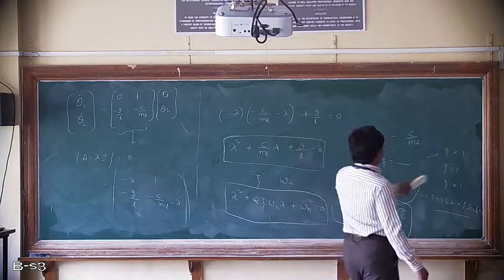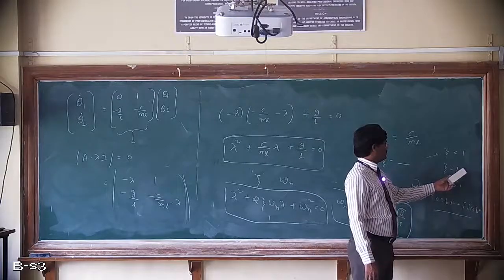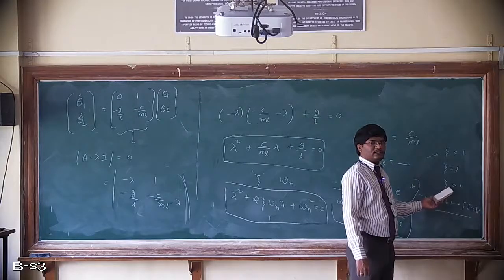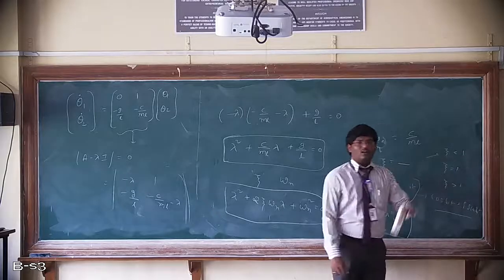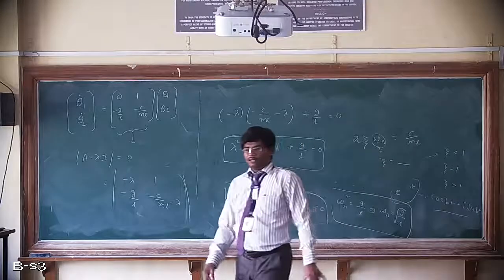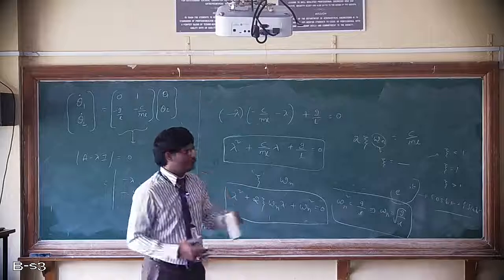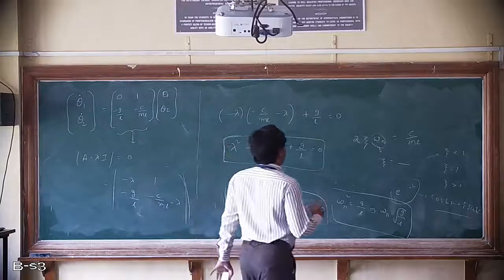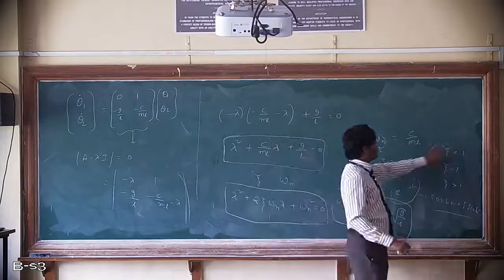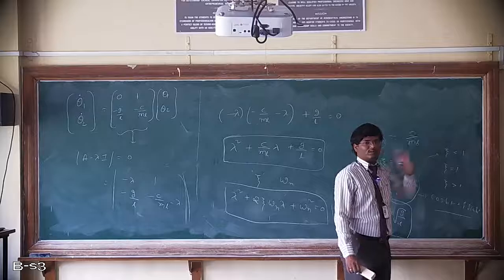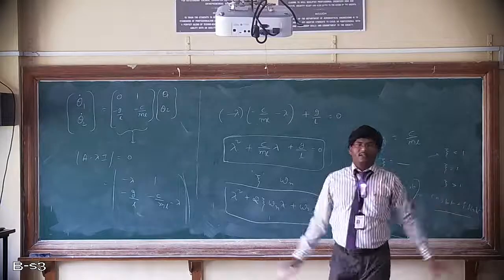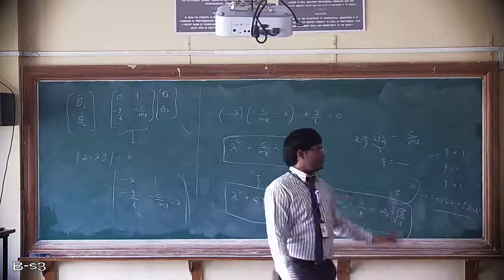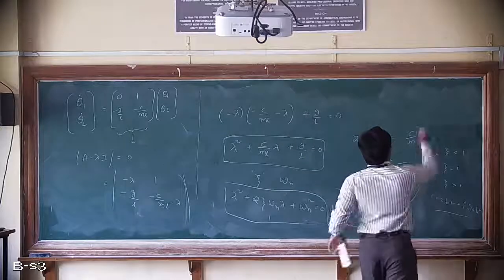Are you following, everyone? Zeta is the damping ratio, and it tells how powerful the damping is. If zeta is equal to 1, that is exact critical damping.